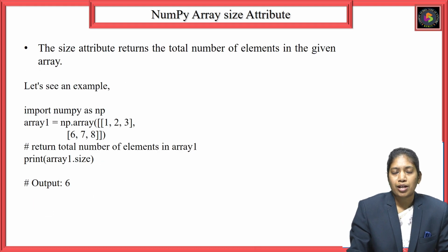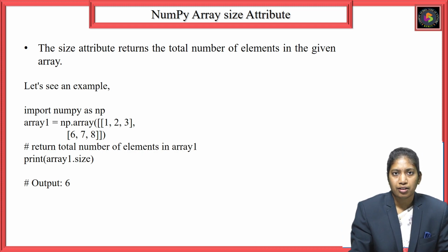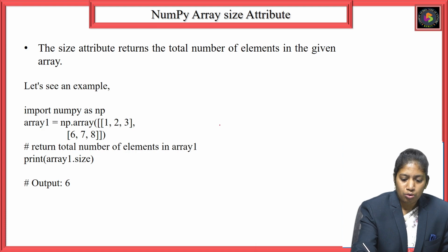So what is the size attribute? The size attribute of a NumPy array gives the number of elements in the array. With np.array, there is an array 1, 2, 3, 6, 7, 8.